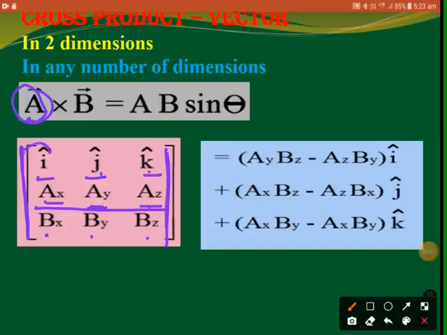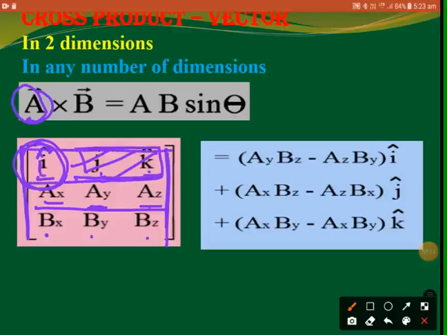Suppose first you want to find the x component. Then you need to remove the row and column containing this i cap. That means this is the row containing i cap, right? So you need to remove this, and you also need to remove the column containing this i cap.